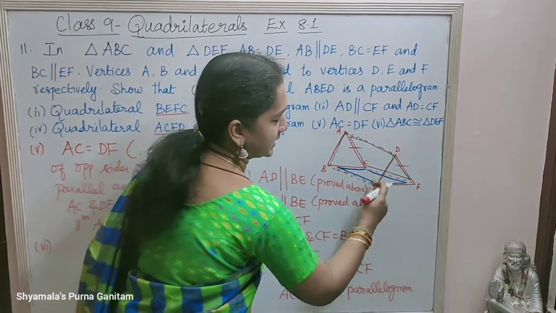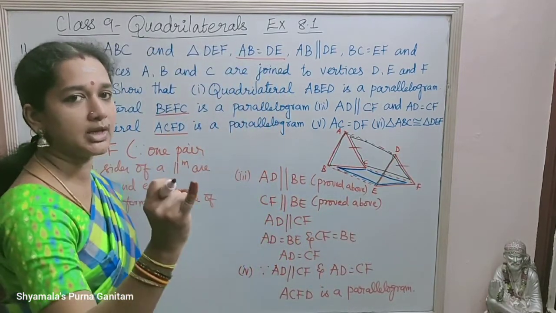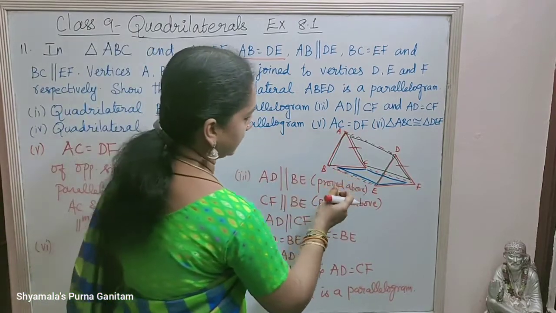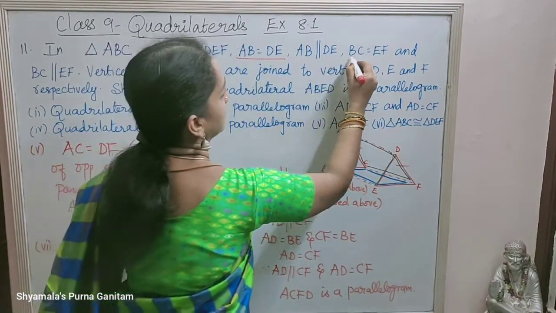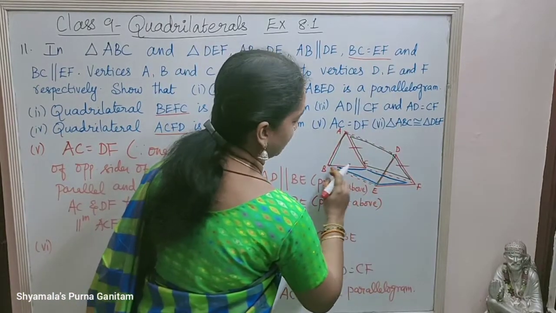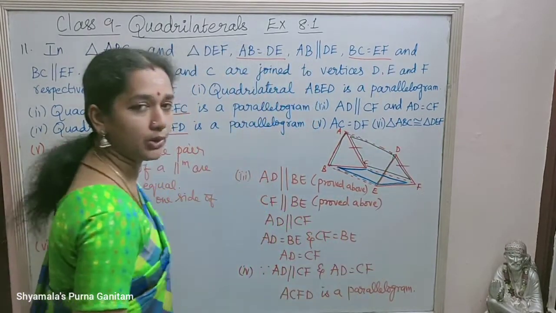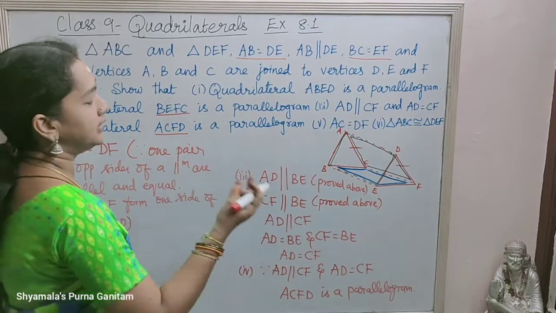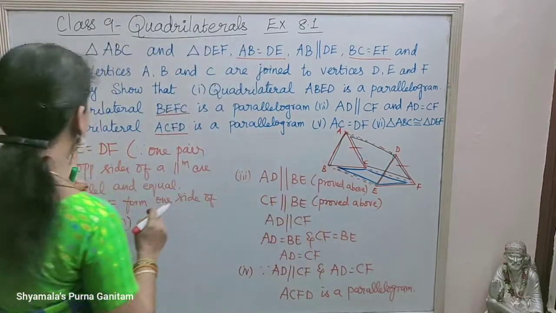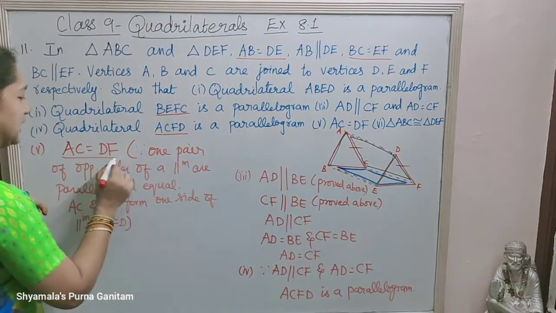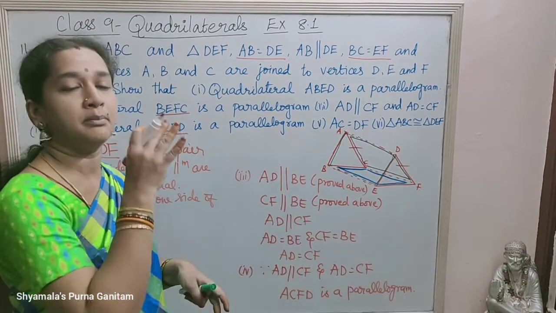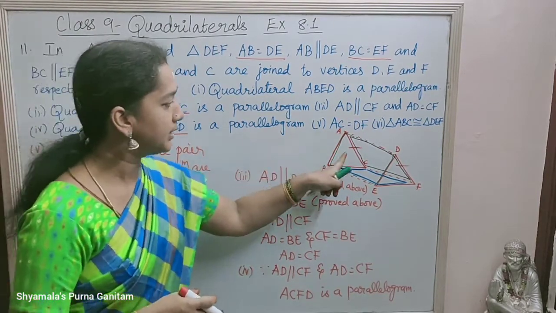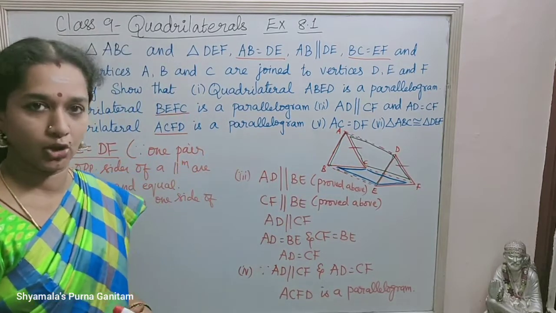That forms one side of the triangle. Then BC and EF are also equal. BC is equal to EF. That is the second part. Then we have proved that AC is equal to DF. So with these sides we can say that by SSS congruency both the triangles are congruent.